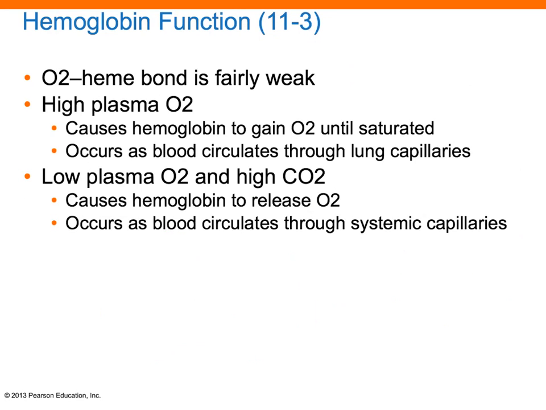Now that oxygen-heme bond is extremely weak, and that's great because hemoglobin does not hold on to oxygen so tightly that it is not going to let it go. When hemoglobin encounters an area with a high concentration of oxygen, like in the lungs, all of the compartments bind to the oxygen molecules.